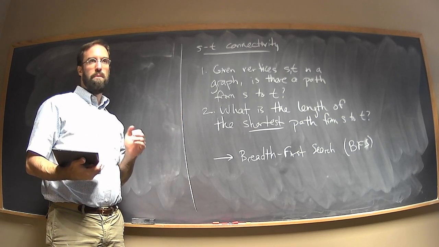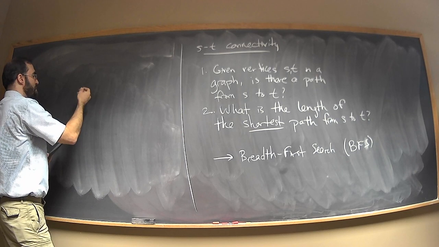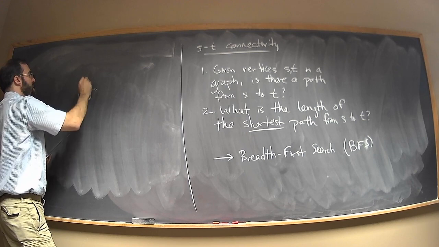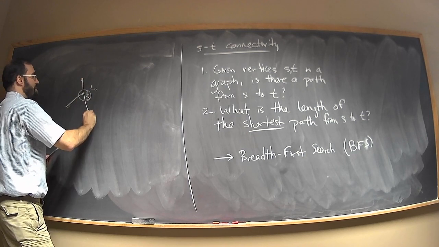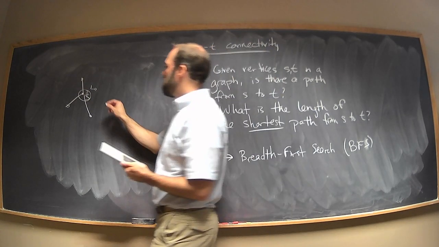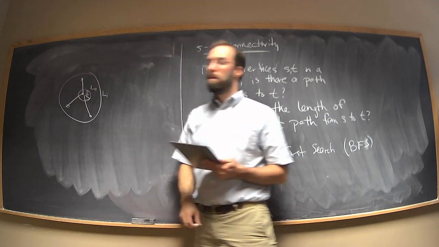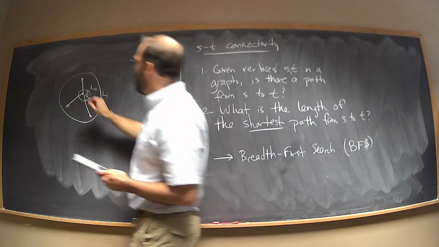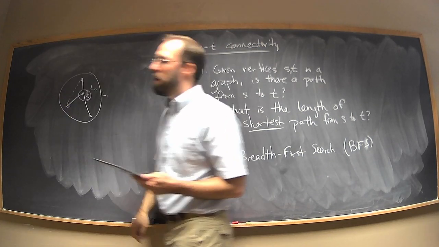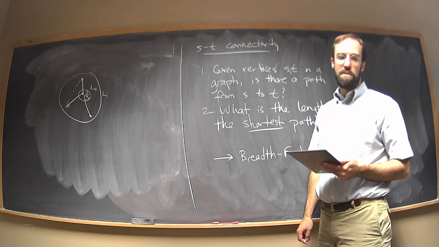We say the first layer is just S, my 0th layer. So this is layer 0. Then I say, I can get from S to a few other vertices in one step, by following a single edge. I'm going to call all those vertices my layer 1. Maybe there was an edge between some of those vertices, but I don't really care. I only care about how quickly I can reach those vertices from S.